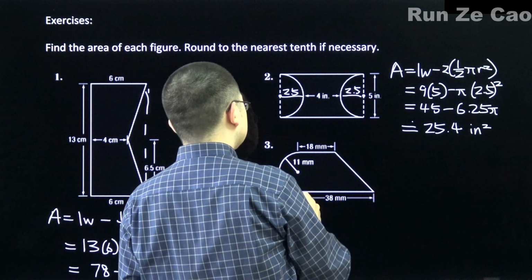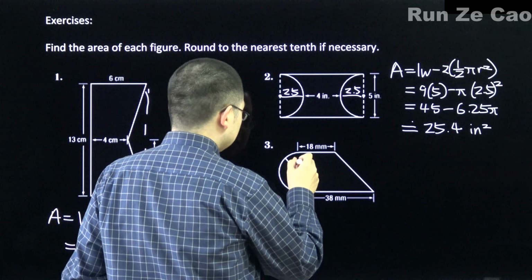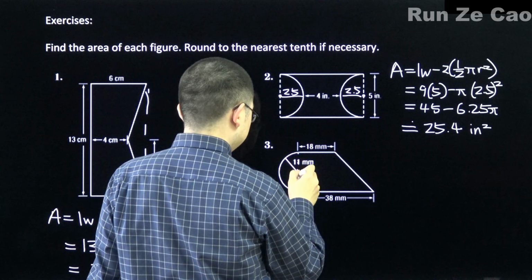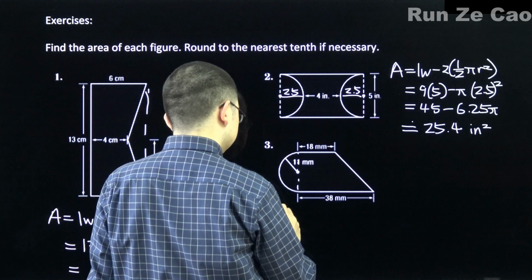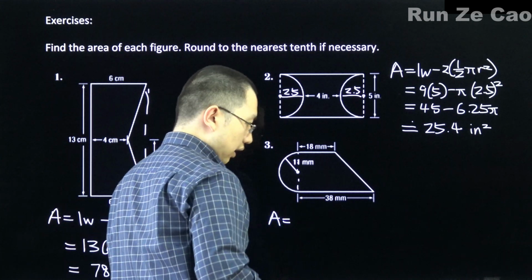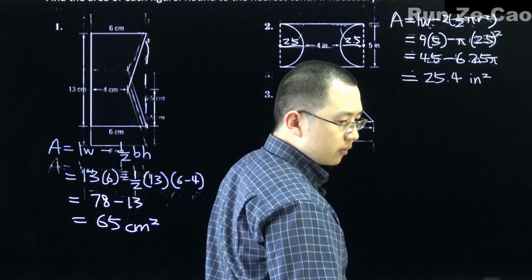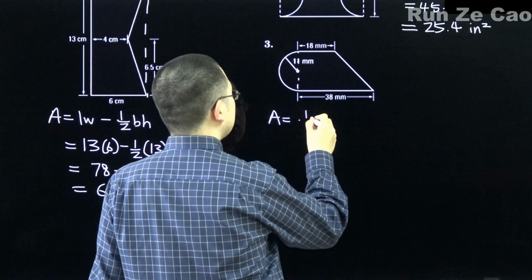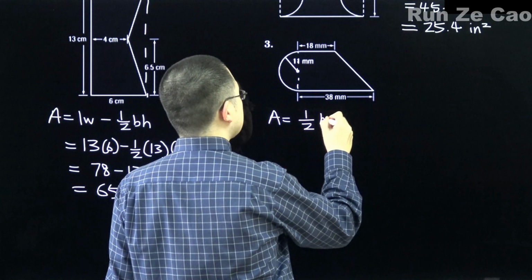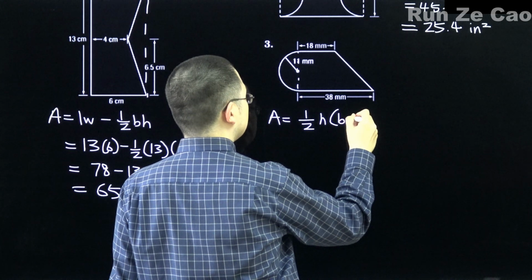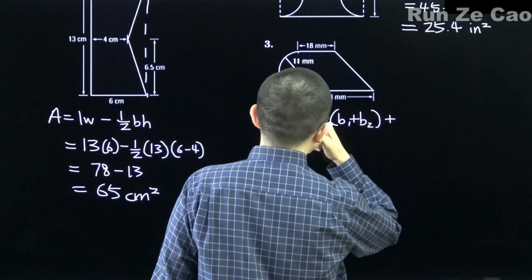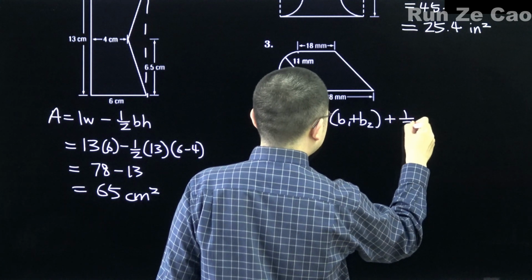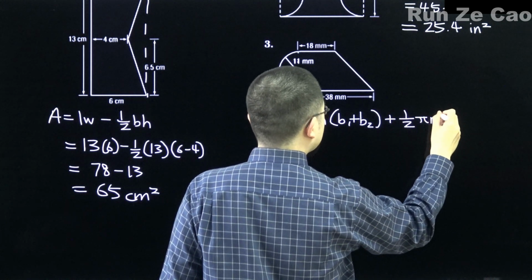What about this figure? Well, let's start cutting it up. Oh, hey, we got a trapezoid and we got a semicircle. Area equals 1/2 height times base 1 plus base 2 plus 1/2 pi r squared.